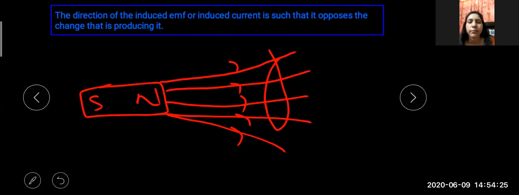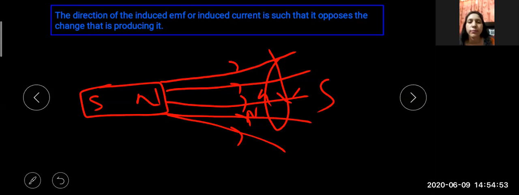As a result, the current loop becomes a magnetic dipole. Okay. So this is south pole and this becomes north pole. The current loop becomes a magnetic dipole with north pole on its left face and the south pole on its right face, as shown in this figure.